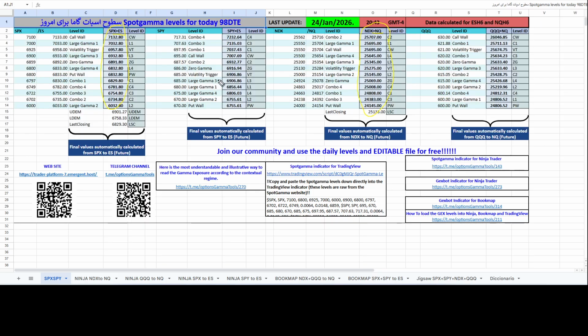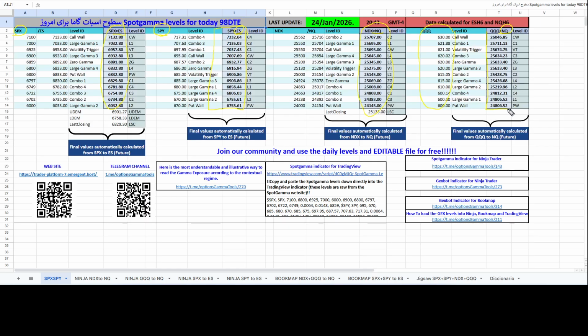Also, I load the ratio spread between SPY and ES; this number is the ratio between SPY and SPX. It is also calculated for QQQ, and this data is transformed for NQ.